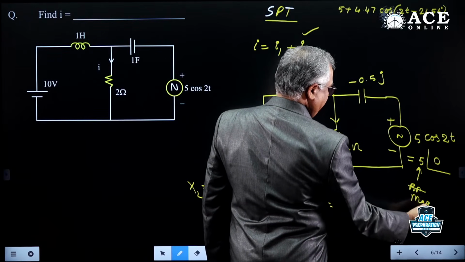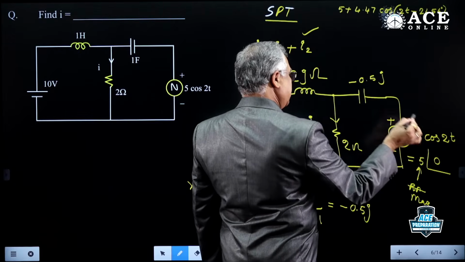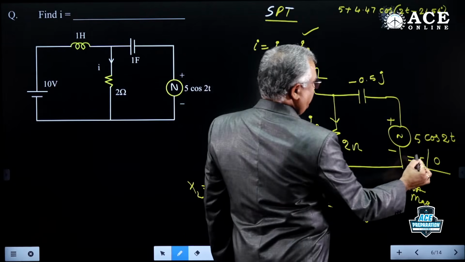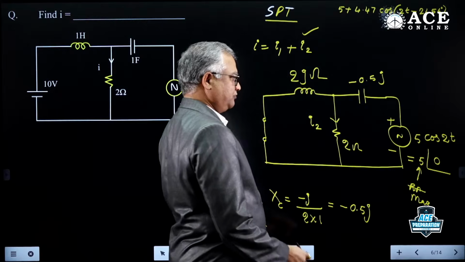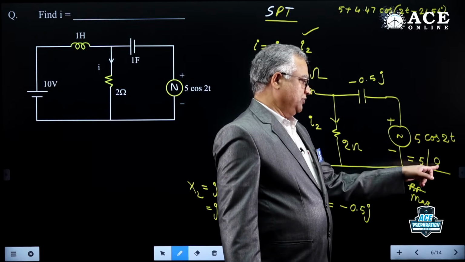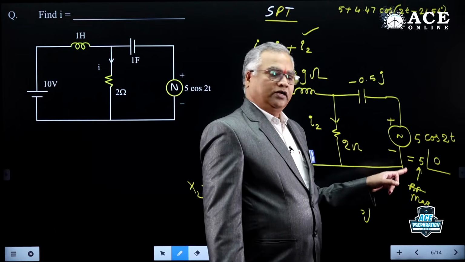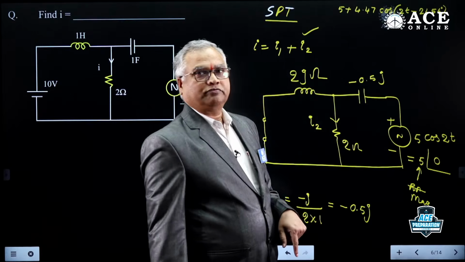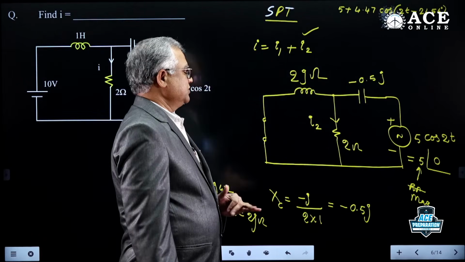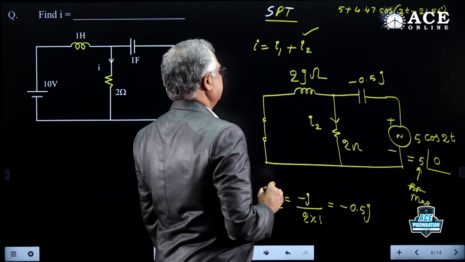Cos is the single source, so cos itself I am taking as the reference, so I can take 5 angle 0. If I take 5 by root 2 angle 0, then 5 by root 2 becomes an RMS value, and later I have to convert it again into maximum. So the simple understanding is that I am taking the maximum as it is.